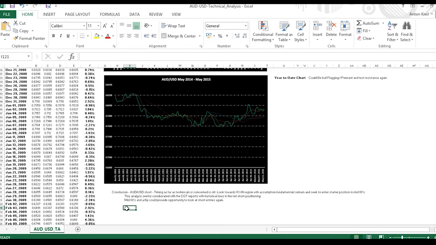And obviously this analysis seems to corroborate with what we looked at earlier in the commitment of traders reports with historical lows in the net short positioning. So 81 and above, so the 6% rally off the low could be a good entry point. Combine this with a flip in the COT data, and this could be a really good opportunity to look at short entries.